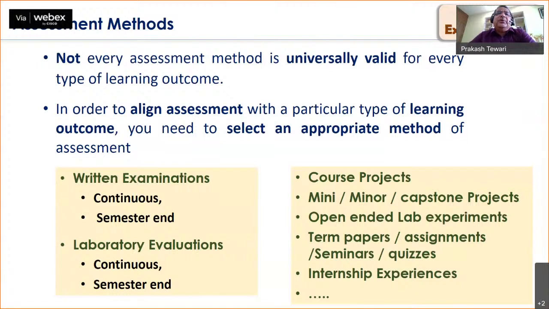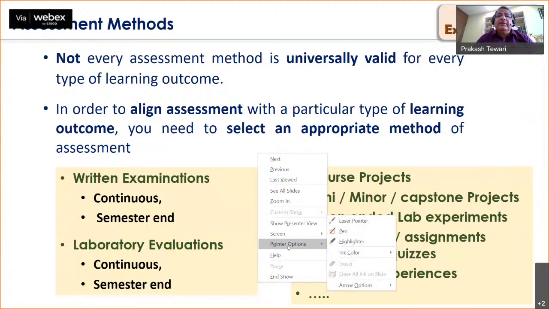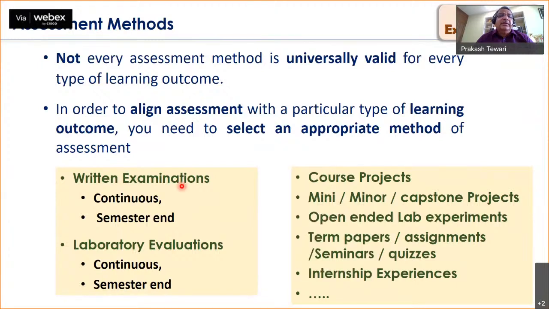So in order to align assessment with a particular type of learning outcome, you need to select an appropriate method of assessment. Okay. So we have written examination as one type of assessment, either continuous internal evaluation or semester exam.